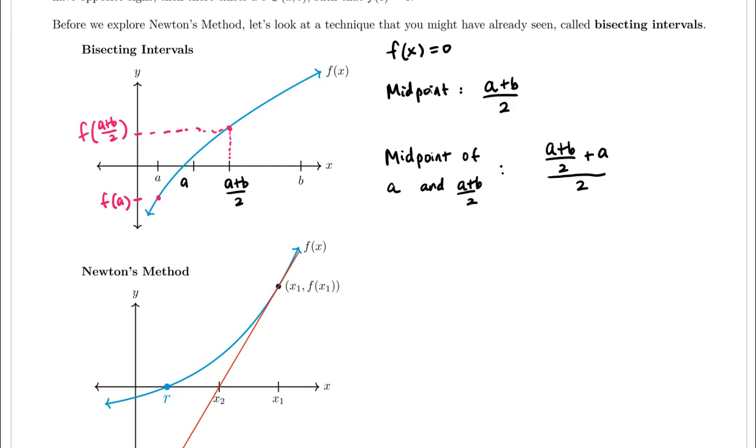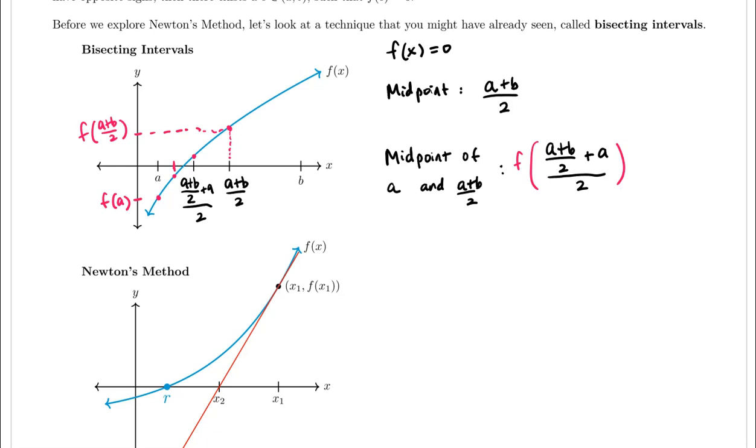So this would be a plus b over 2 plus a, all over 2. And still we can see that if I were to plug that value into our function, f of a would be a negative number, and this new value would be a positive number. So I could take the midpoint once again, and that would be my new negative number.